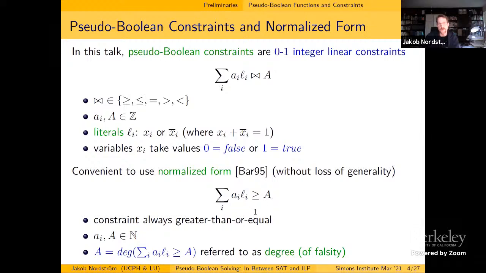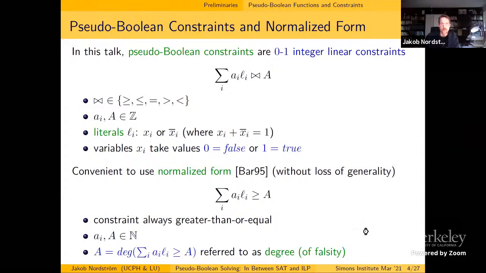And the reason that you can do this without loss of generality is that if you have a negative coefficient for xi, you just switch to not xi instead. And in this normalized setting, the constant term is known as the degree, or the degree of falsity.